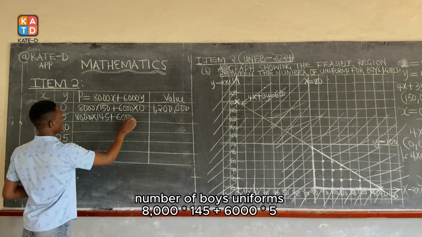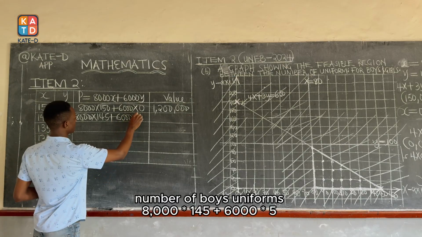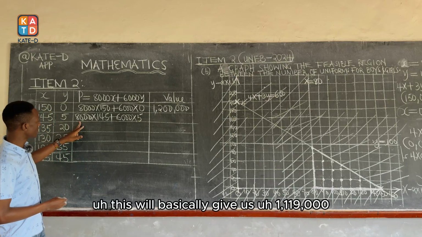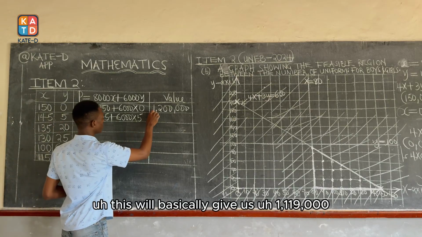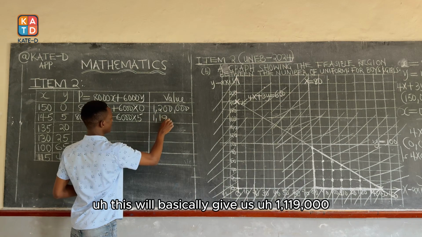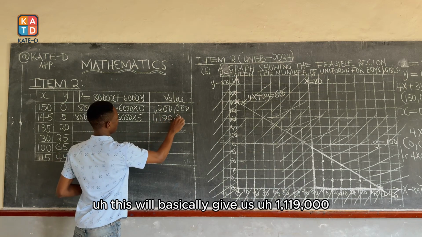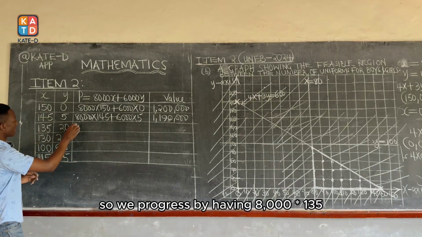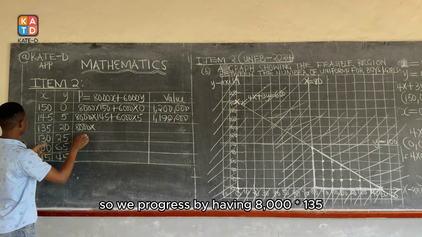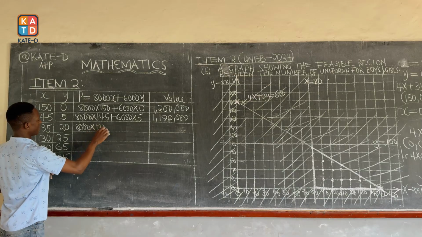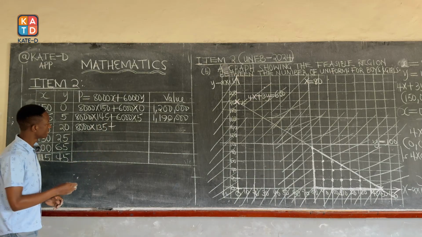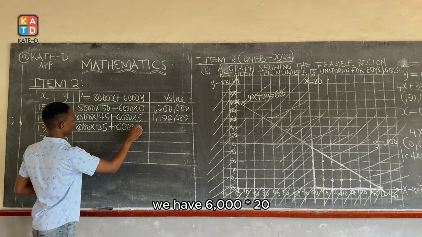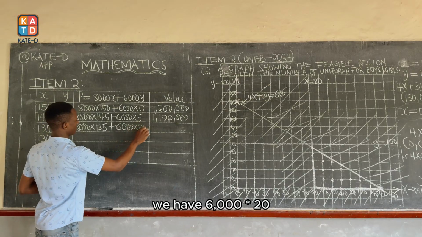And then when we compute this 145 boys uniforms, 8,000 times 145 plus 6,000 times 5, this will basically give us 1,119,000. So we progress by having 8,000 times 135 plus we have 6,000 times the 20.